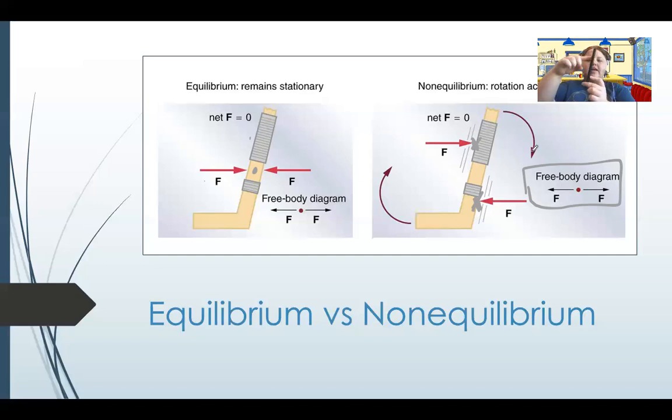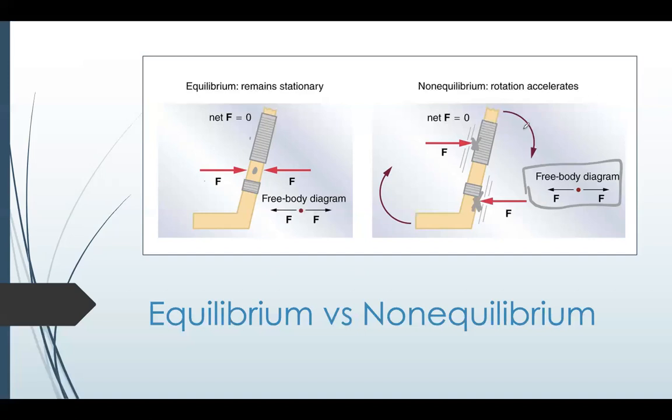If I do that, this pin is going to rotate. It's kind of hard to do in midair, but you see what I mean. I've got a force being applied up here, and a force being applied up here. It can be the same force, but it will rotate. This tells us that we are not in equilibrium.